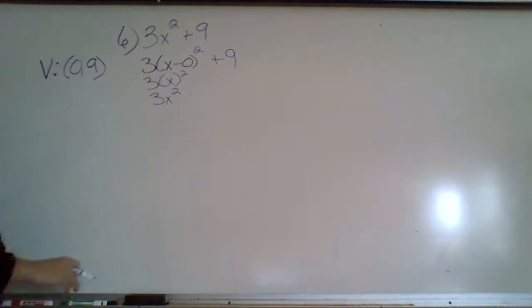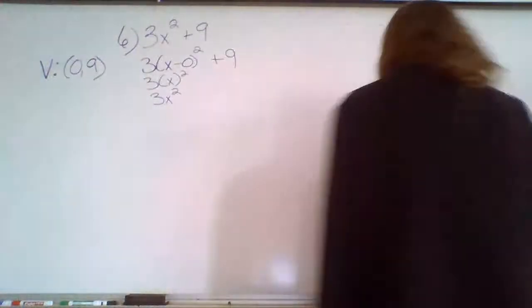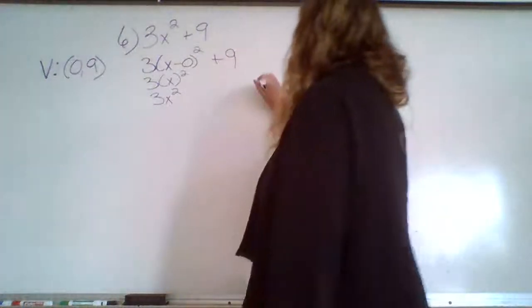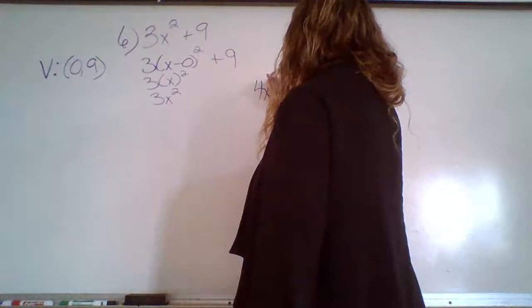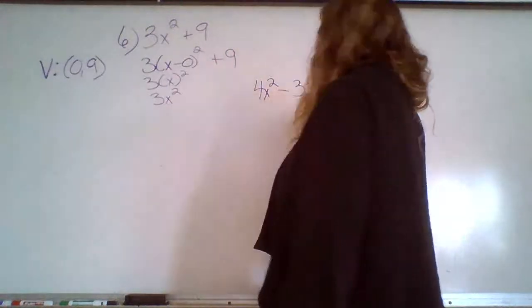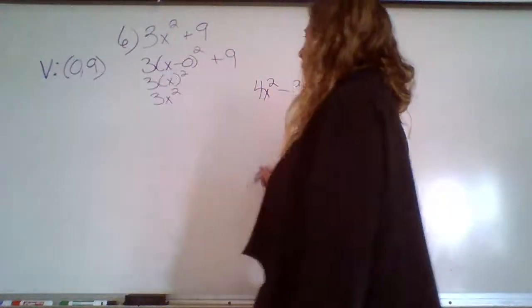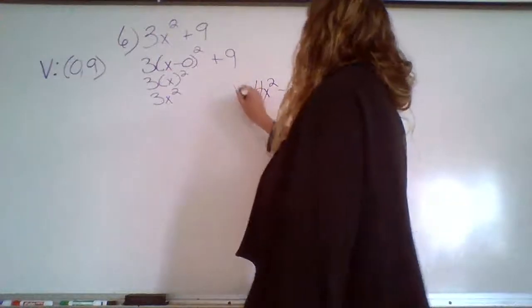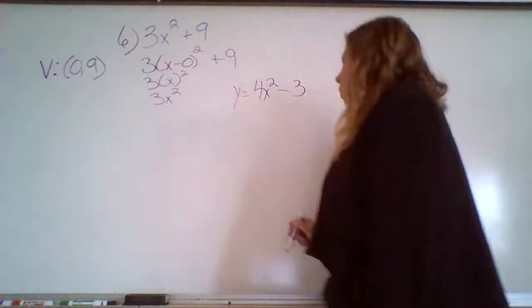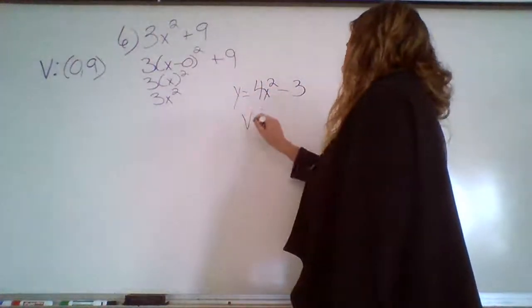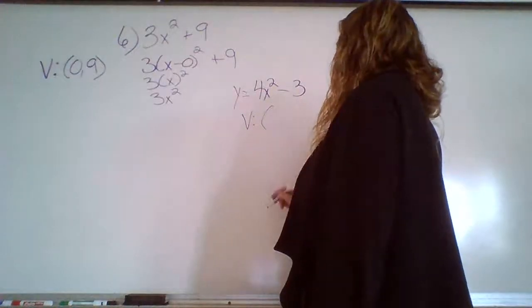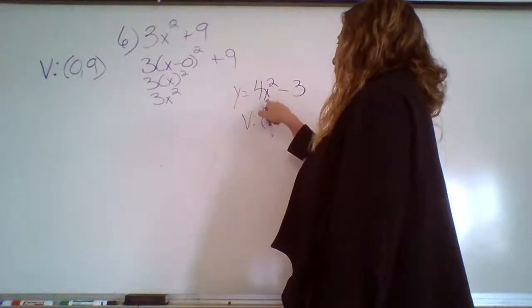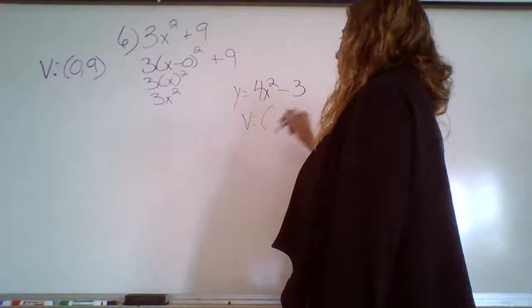Okay, small tangent, come over here. So if I have y equals 4x squared minus 3, then my vertex, there's nothing with the x, there's no parentheses.